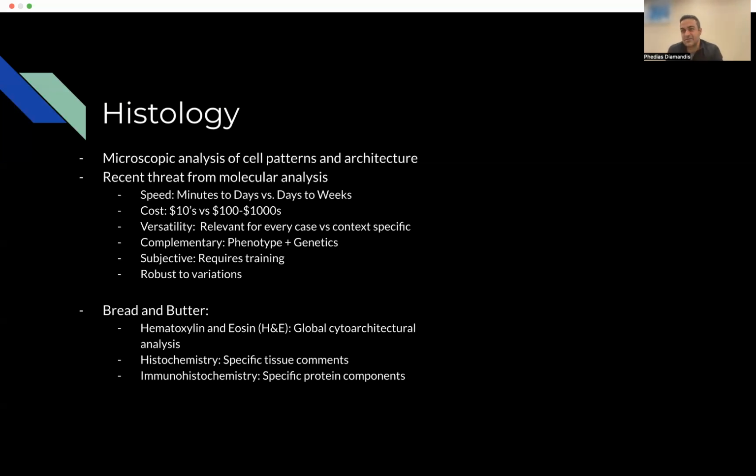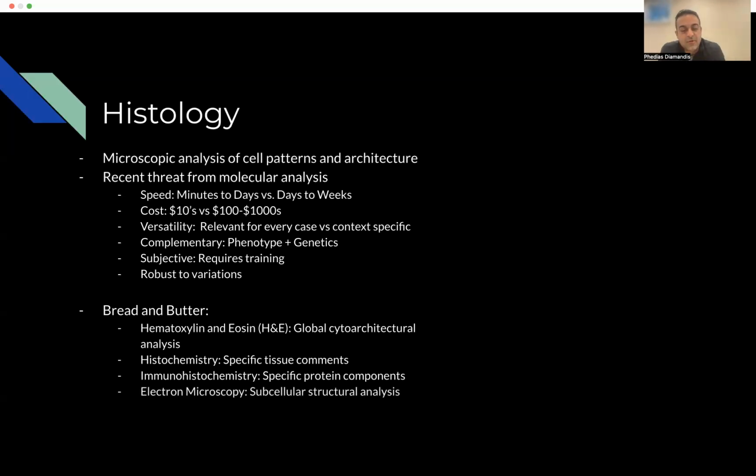Another technique that was deemed to be going to replace histology, given the sensitivity and specificity of it. But again, it's become an essential complementary technique, but one that by no means replaced the H&E stain.